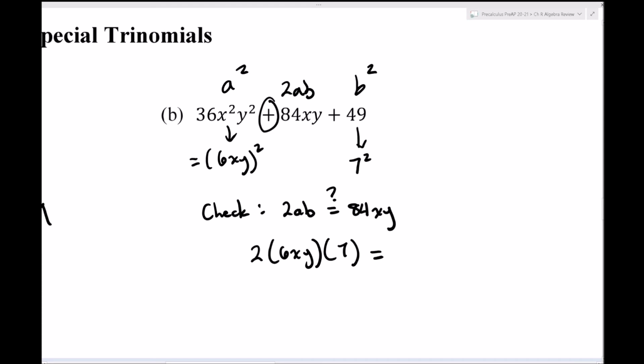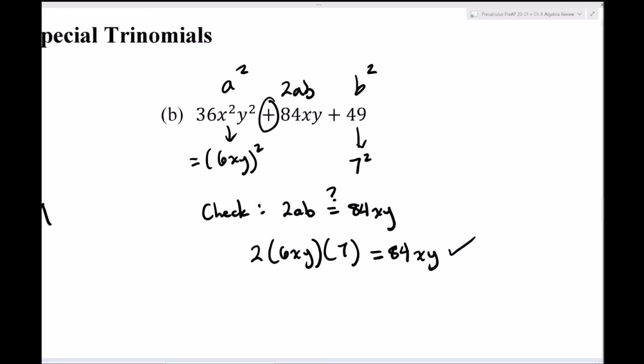What's 12 times 7? That's 80, is that 84? Let's see, 6 times 7 is 42, so another 42 is 84. So yeah, that's right. I had to pause there for a little bit. I had to think about that. But yeah, it's 84. So yeah, they do multiply out to that. So that's 84xy. That's a check mark.